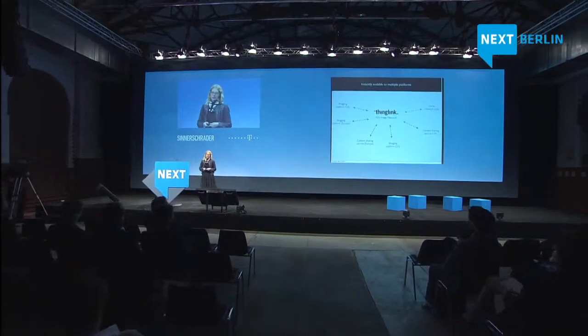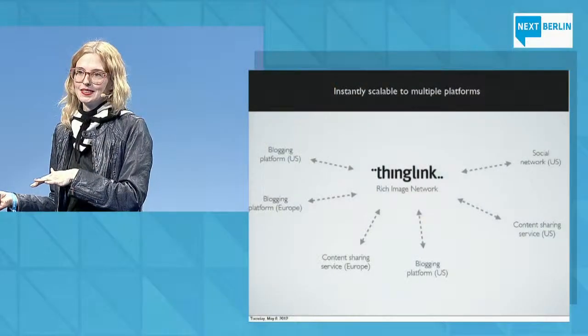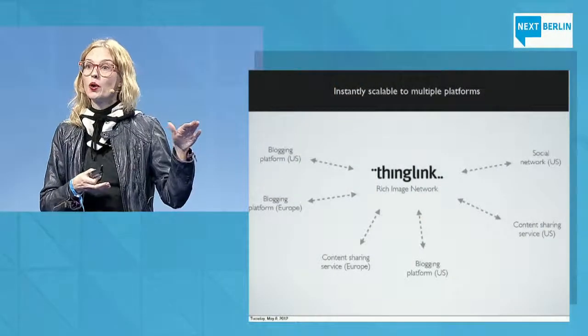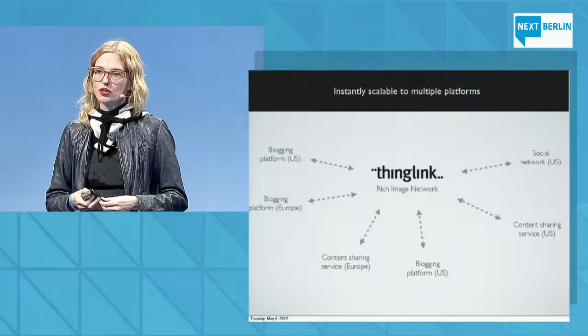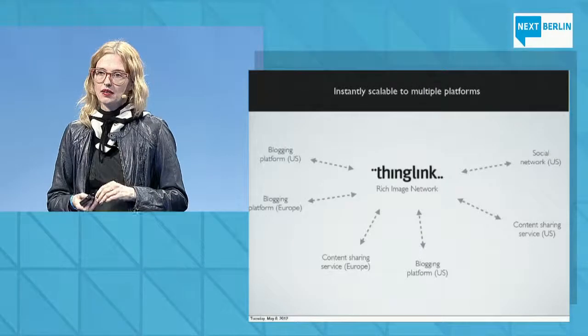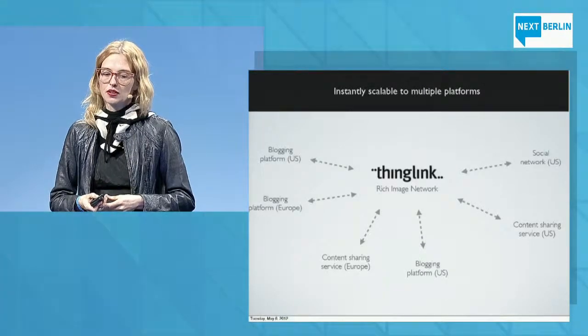Now, we believe that, as I said, in the future there is a layer of links on top of this world. We are one of the companies that want to be the layer, and we want to offer an easy way to add content on images now, but also in the future, physical objects.